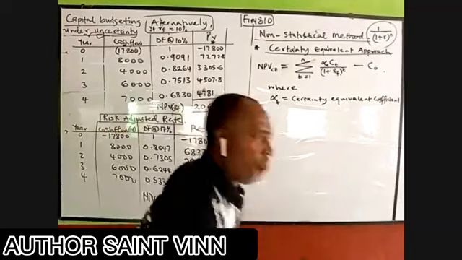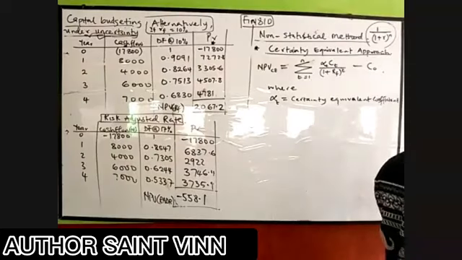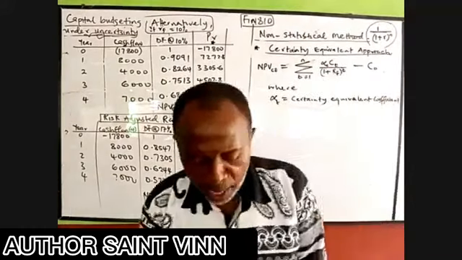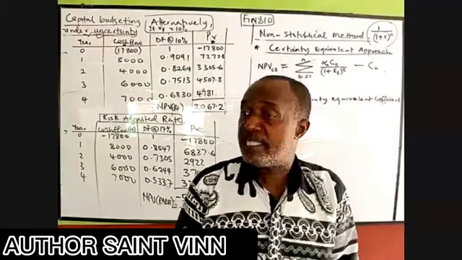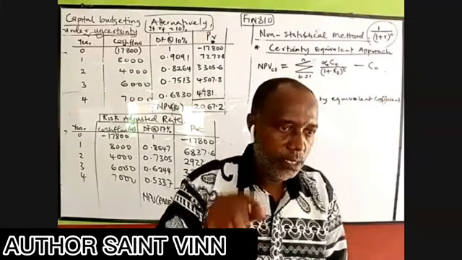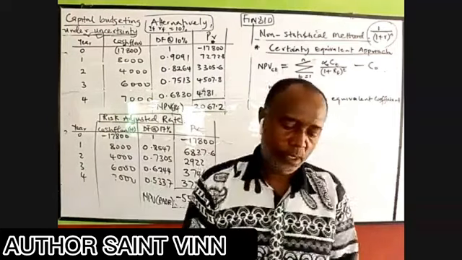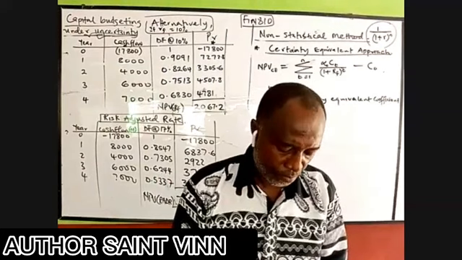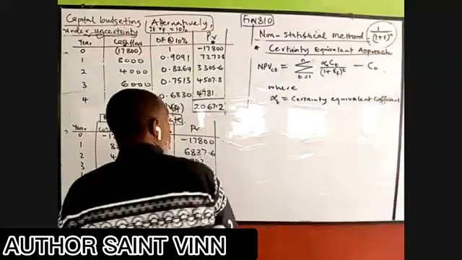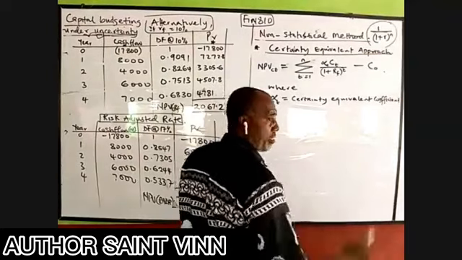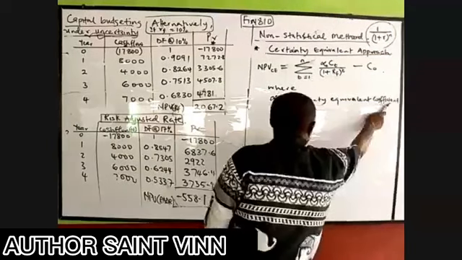Please repeat the question again. I said OBPLC is considering a project with the following cash flow estimates and certainty equivalent coefficients.